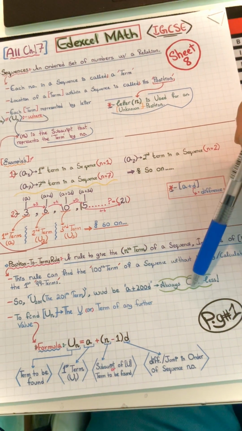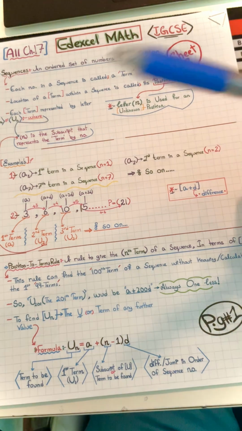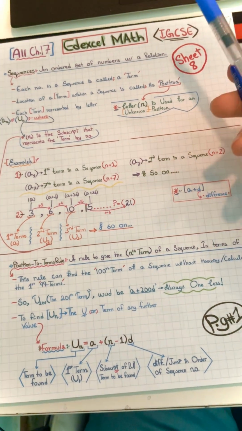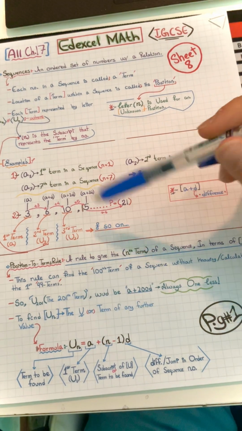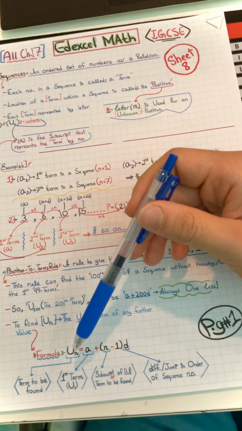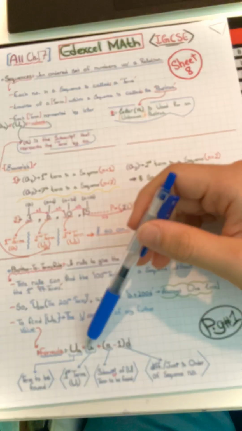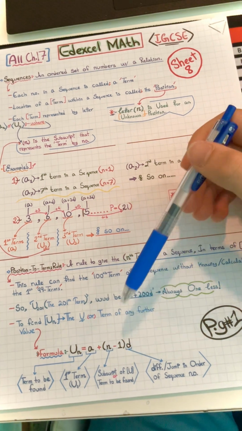It's always one less, okay? Now to find the Un, or the term of a further value that we do not know, we use a formula. This formula will help us find the 100th term without knowing the 99 terms. This formula is U of n is equal to A plus n minus 1 in brackets times D, okay?